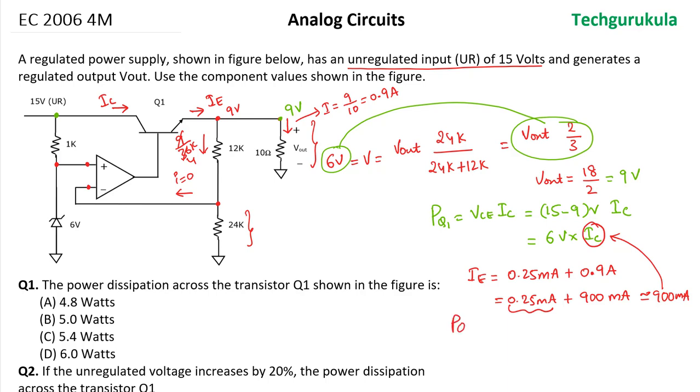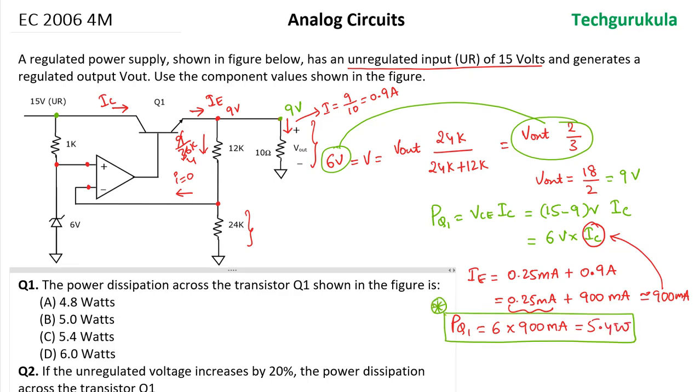Now, PQ1 will be equal to 6 volts times 900 milliamperes, which will be 5.4 watts. Hence, the correct answer for the first question is option C, which says 5.4 watts.